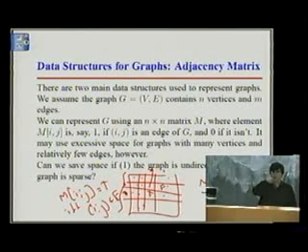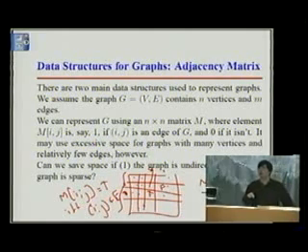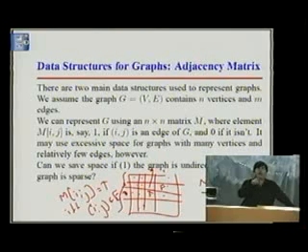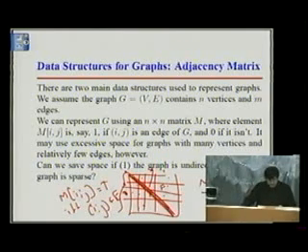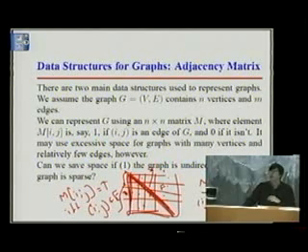Okay? Fair enough. Now, is there a way we could save space if the graph was symmetric? What is the adjacency matrix going to look like if we have an unweighted, undirected graph? What does undirected graph mean? It means that edge ij implies ji, right?